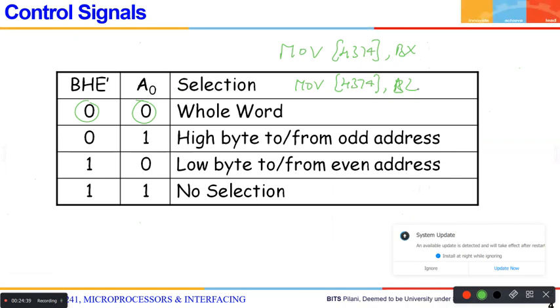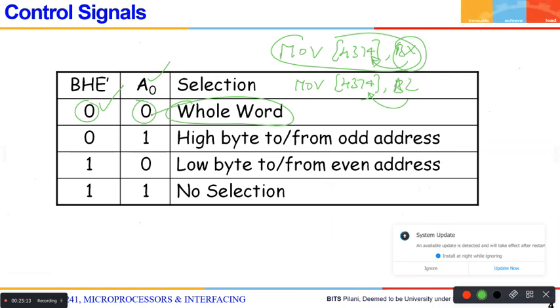But in the second instruction, does it have to read 16-bit data? No, right? At that time, you don't want both A0 and bus high enable to be 0. In the first case, it will read the whole word, but this will read only a byte. That's why we have this. When A0 is 0 and bus high enable is low, it will read or write a whole word.